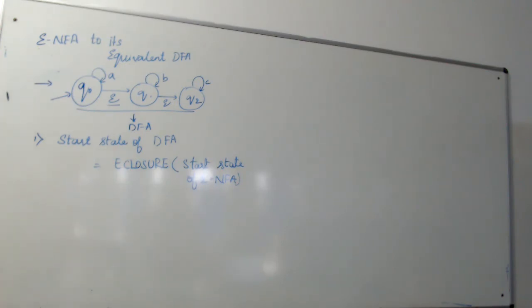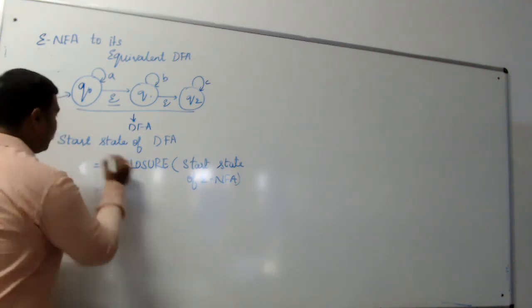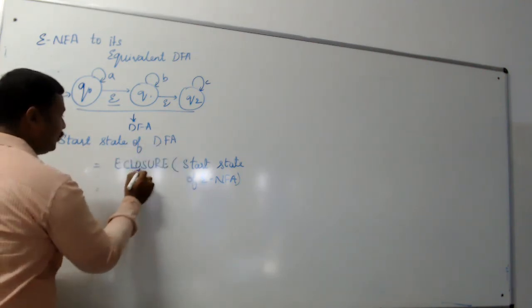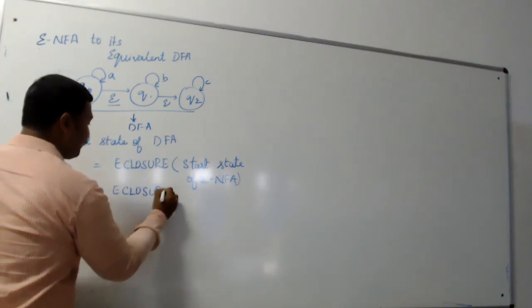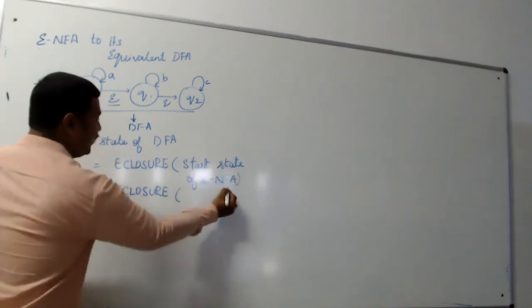Here the start state of the DFA is equal to the E-closure of the start state of the epsilon NFA.